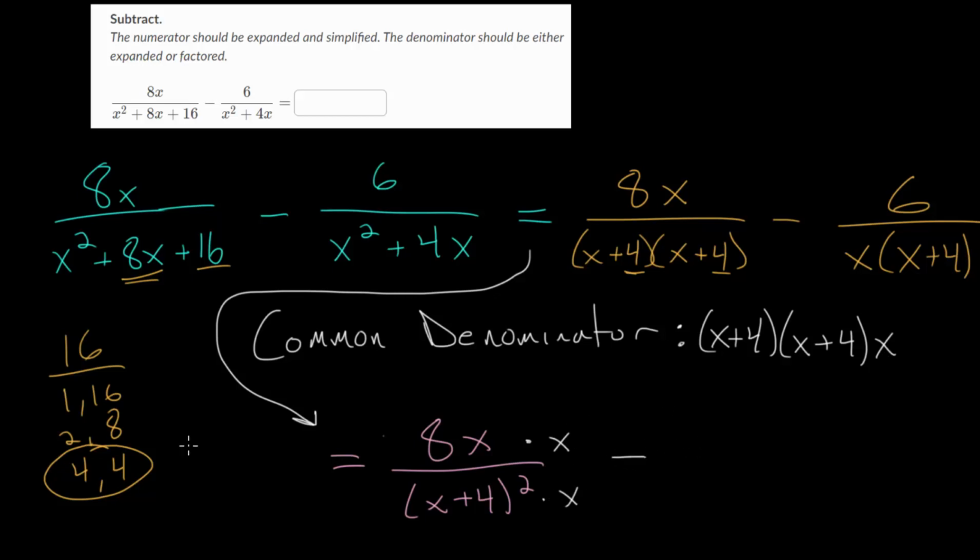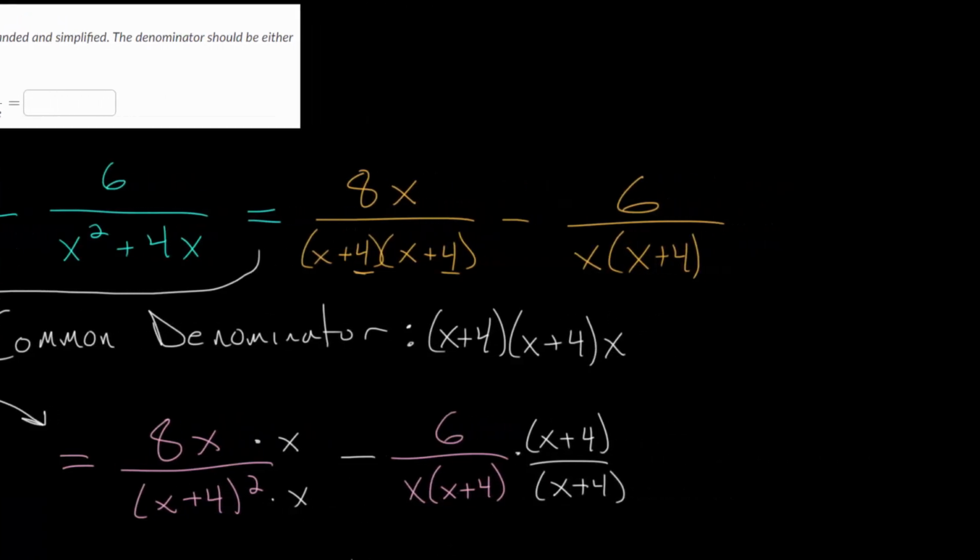And for this next one, we have this 6 over x times x plus 4. And we're going to multiply the top and the bottom by x plus 4. And that way, now notice they have the same denominator. We have two x plus 4s here and here, and we have an x here and an x there. So now they're the same.